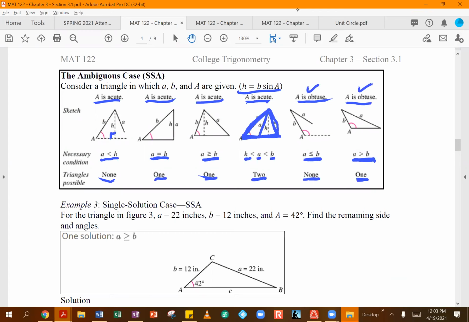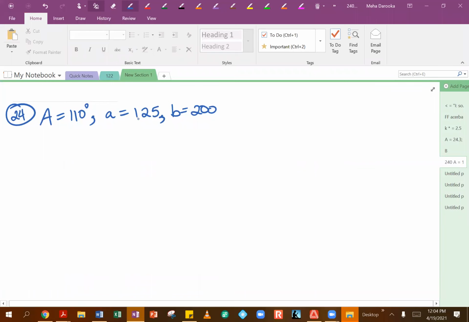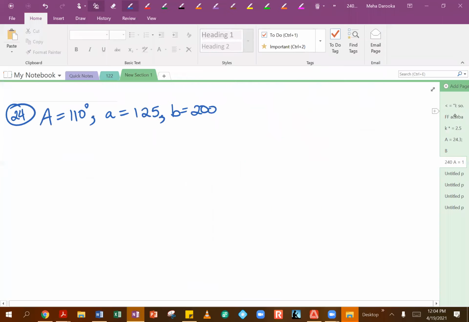We need to know the relationship between sides A and B. You can see side A is smaller than side B, right? Because this one is only 125, B is 200. So when side A is smaller than side B, remember there's no triangle which will satisfy that.